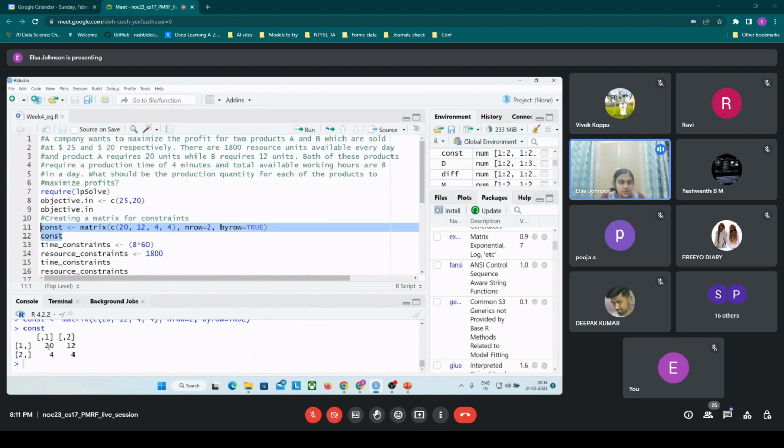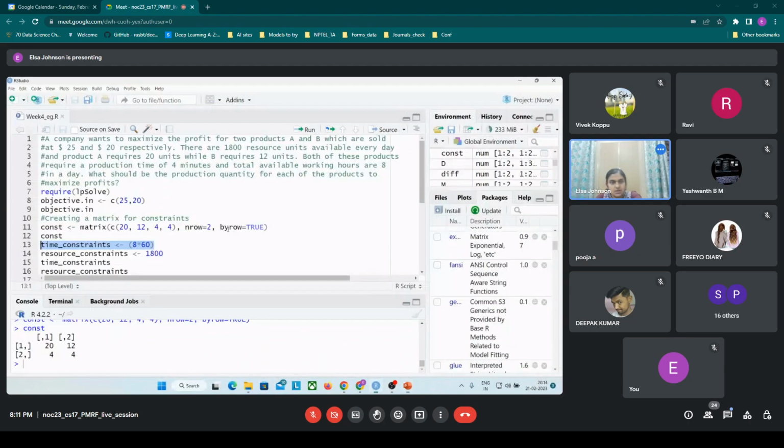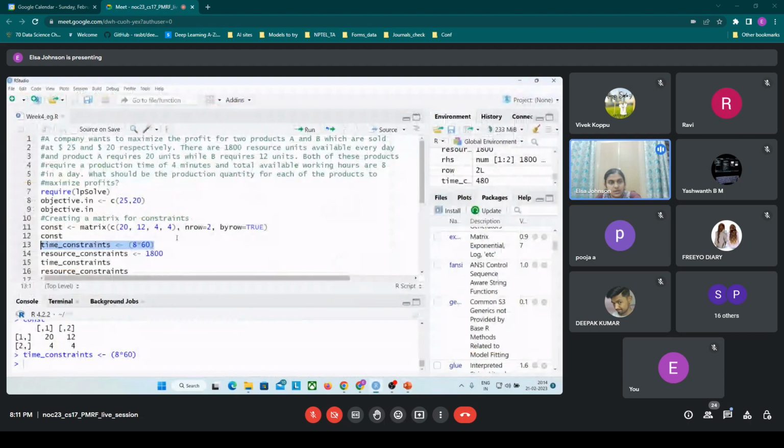Now you have declared a matrix like this. Now you have to mention which row points to which constraint. The time constraint was 8 into 60, so I'm putting that in a variable, and the resource constraint was 1800.